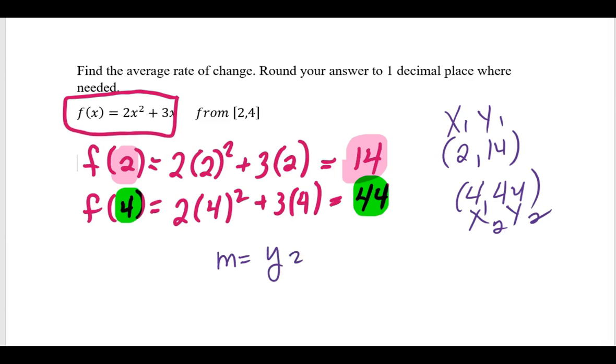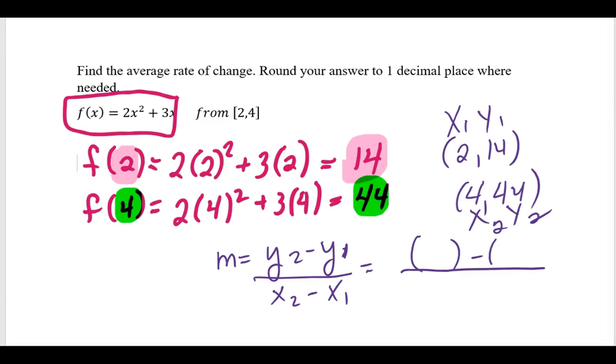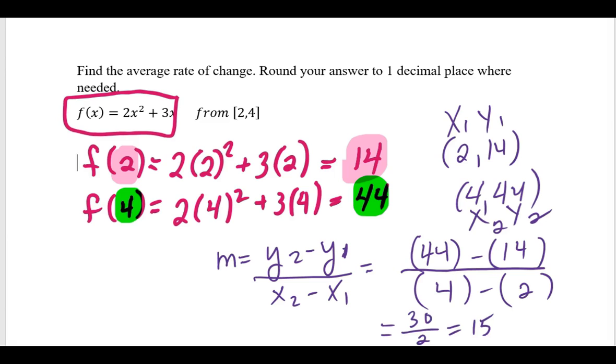I know my slope formula. I'll replace each of those values in and evaluate it for each x and y. And I'll get 15. So my average rate of change between 2 and 4 is 15.